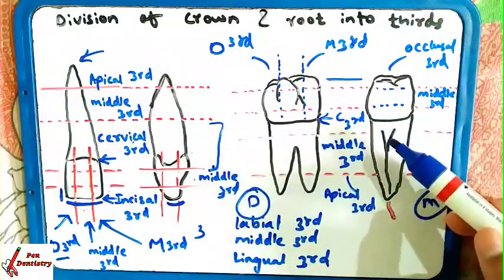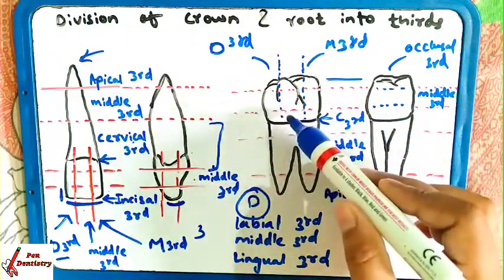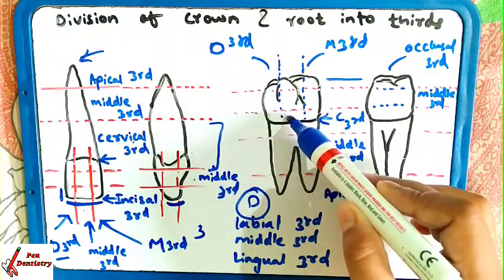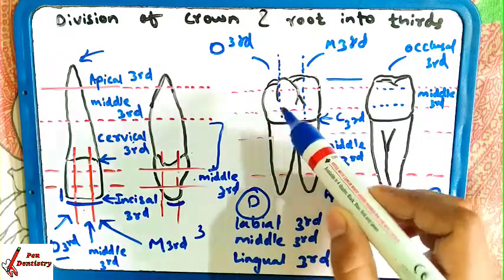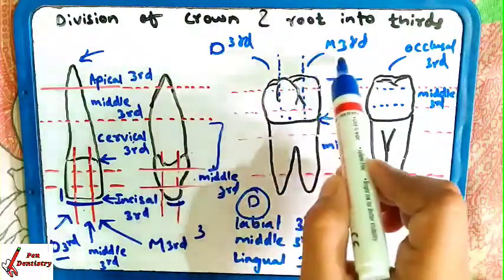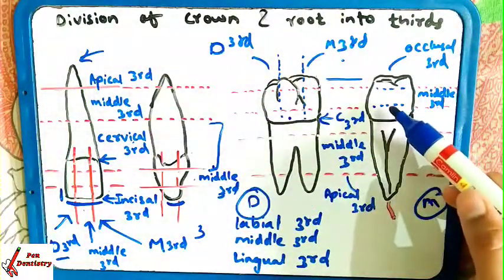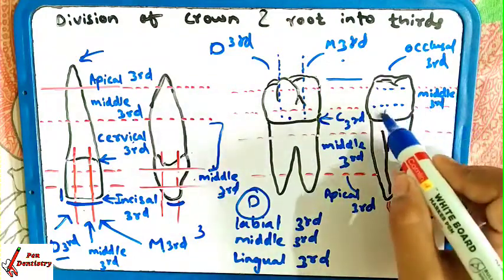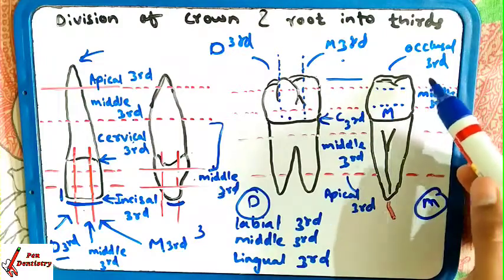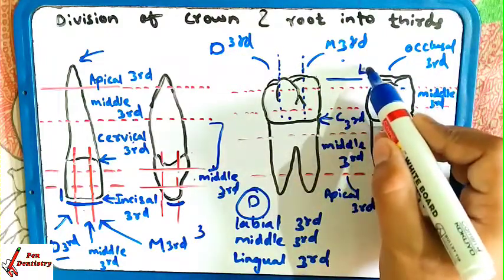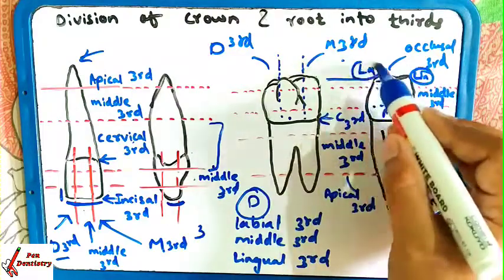When you are watching the tooth from the mesial side, you can see the labial and the lingual.